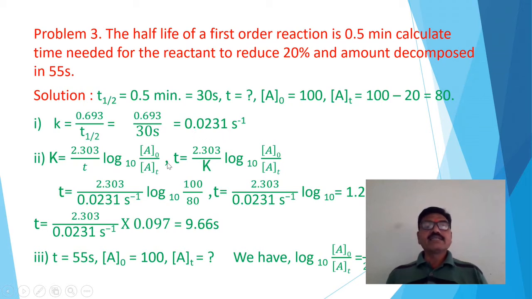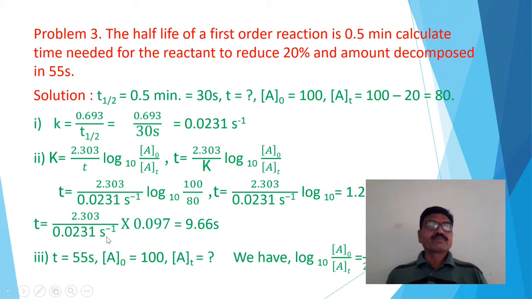In the second stage, we have to calculate T. Rearrange this formula like this. T is equal to this. Then put the values of A0 and AT like this. By solving this, try to understand, we will get 1.25. See the value, log of this.